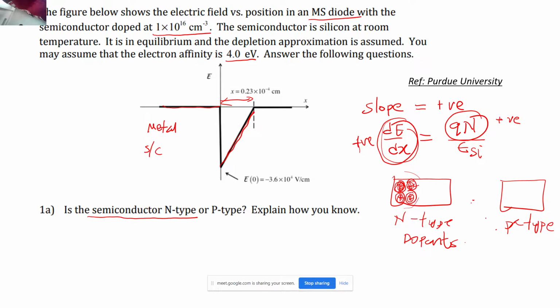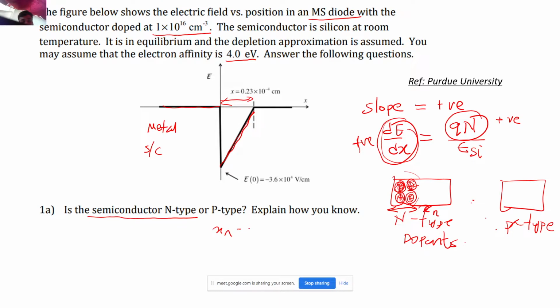Guys, go ahead. You are on the correct track. Don't fear giving any wrong answers as well. The charge density which is present at the length, let's say xn over here. So how much length will be there? This xn length is present on the semiconductor side, right?